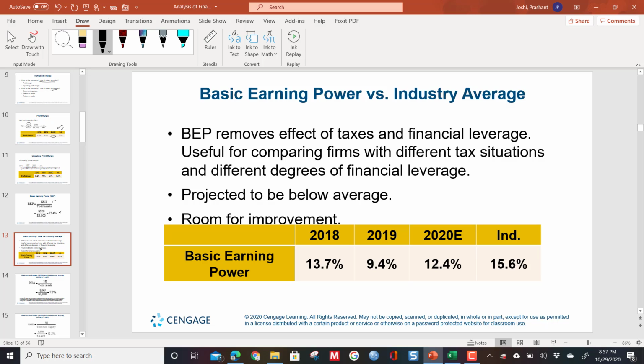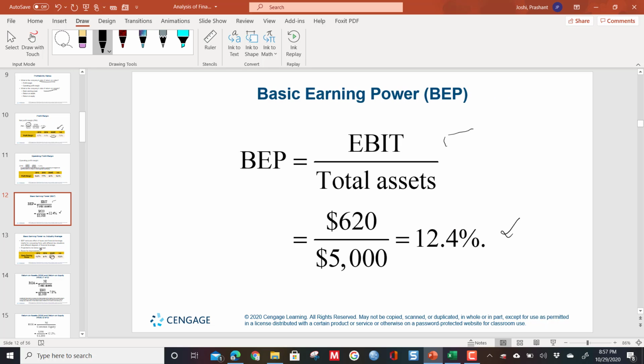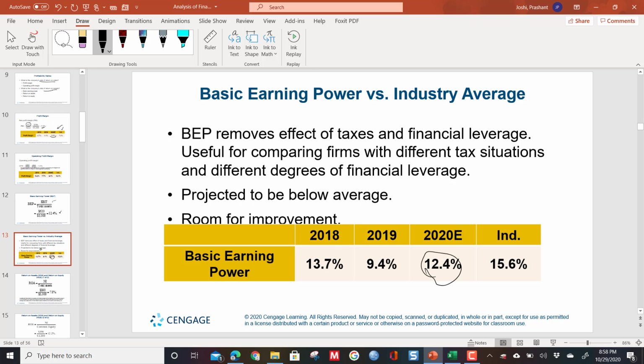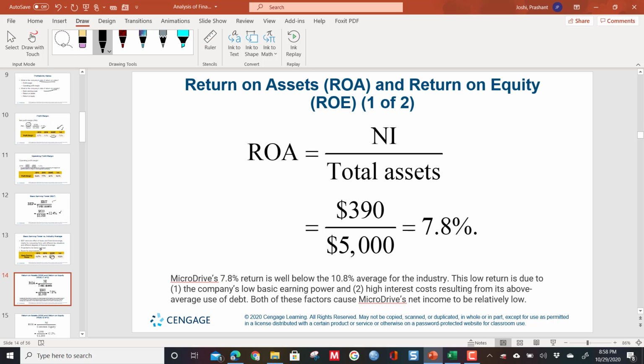What is projected is below the industry, so it shows room for improvement. In order to increase this, they can increase earnings before interest and tax, and maybe with efficient utilization of assets, that ratio can be improved.